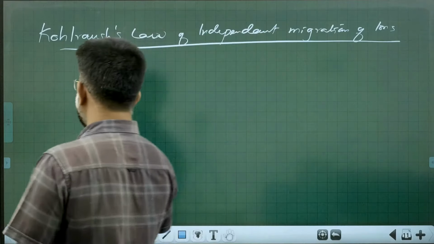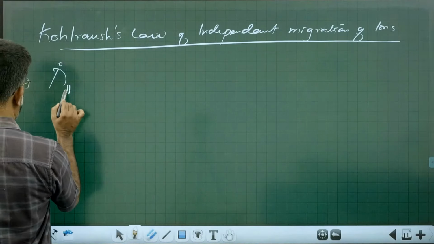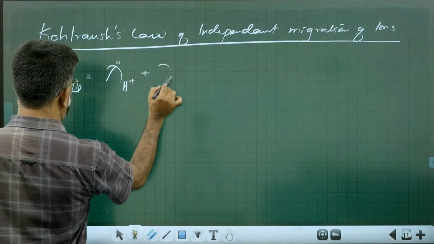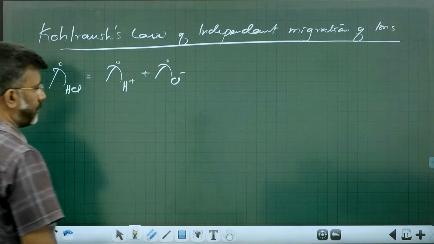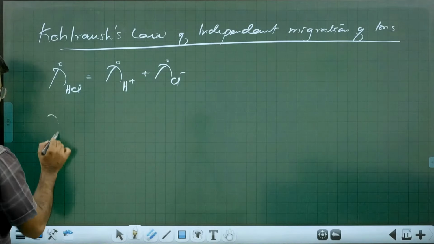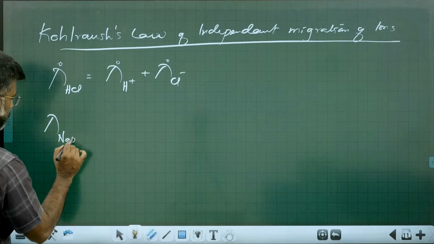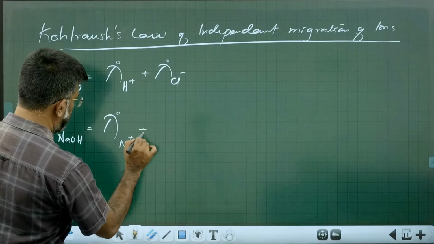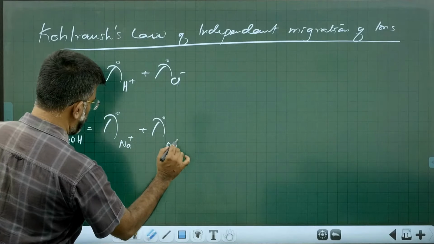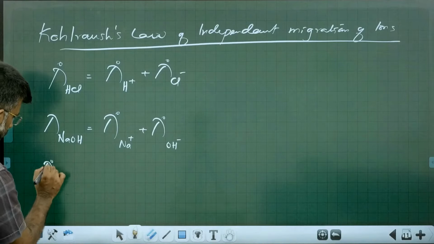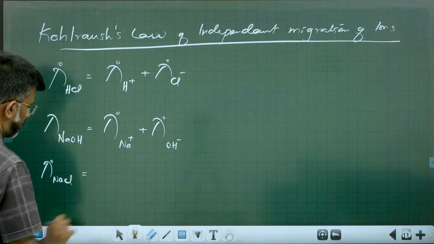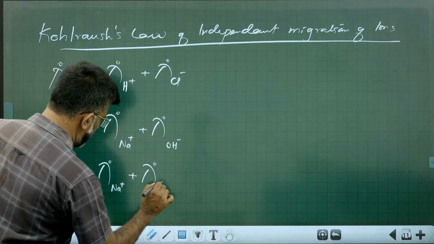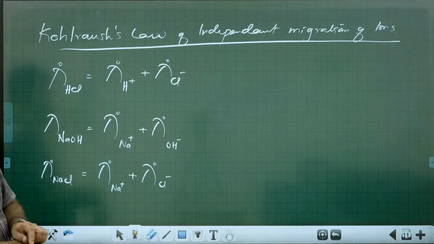For example, lambda naught for HCl will be equal to lambda naught for H plus plus lambda naught for Cl minus. Lambda naught for NaOH will be equal to lambda naught for Na plus plus lambda naught for OH minus. Lambda naught for NaCl equals lambda naught for Na plus plus lambda naught for Cl minus. Like this.